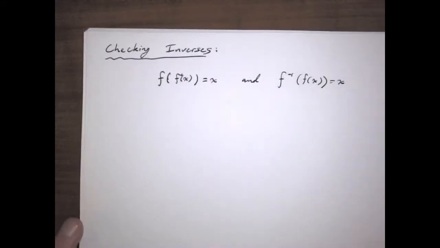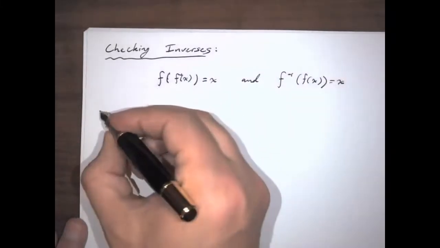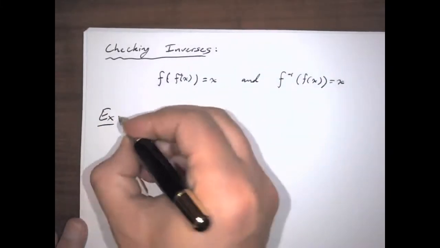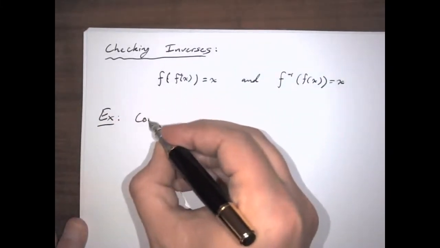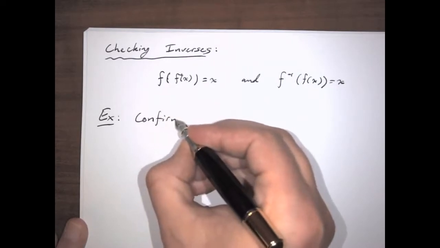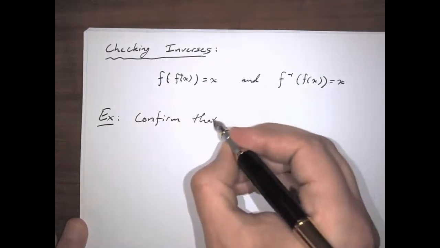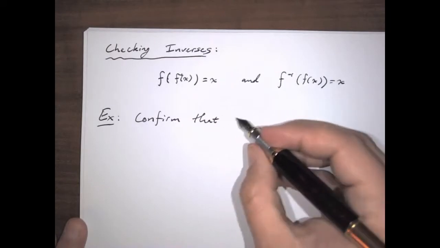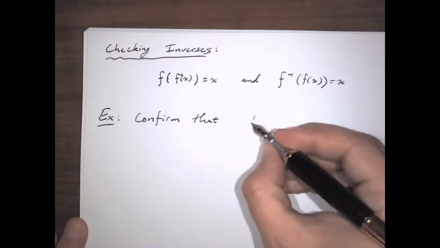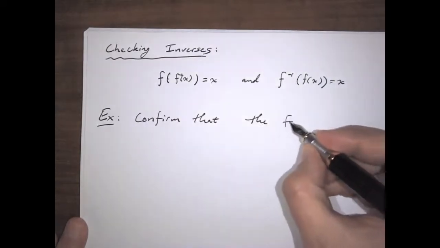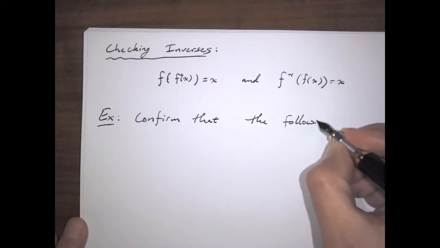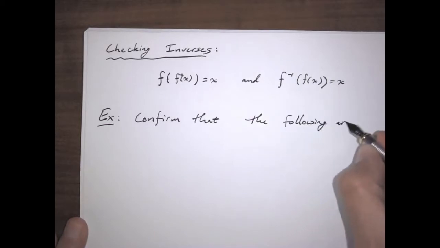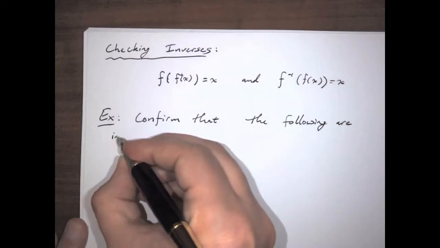So you need to just confirm that these are both true. So as an example, let's say that we had to confirm that, let's say, the following are inverses.